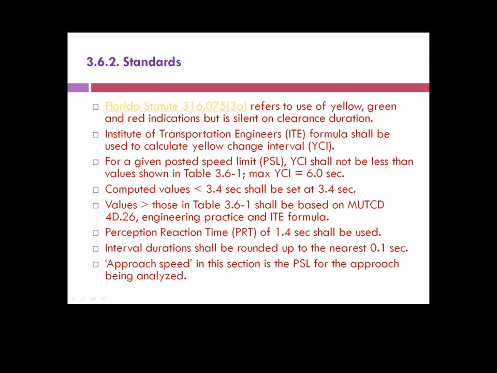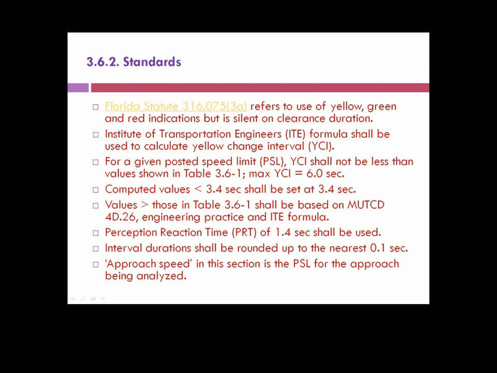If you go through this section in the Traffic Engineering Manual, you will see that there is a reference to what we call the approach speed. When we say approach speed, technically we are talking about the posted speed limit. And the reason we have it as posted speed limit is because that is one measure that is easy to know on roadways, and also it is available readily, and therefore any formula we use or develop is based on the posted speed limit.